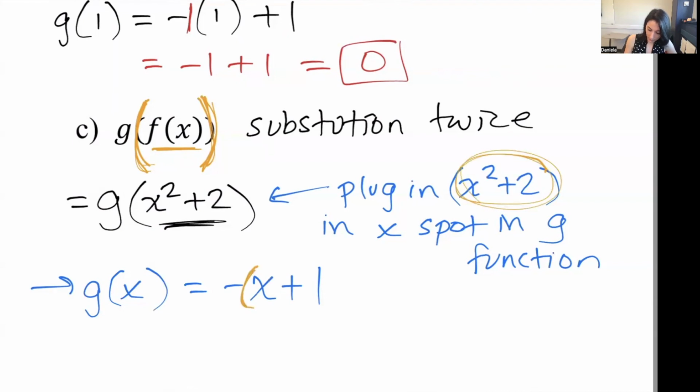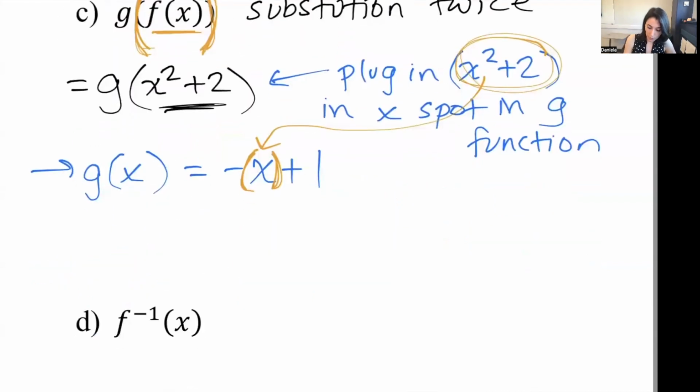And remember, as I said before, you're going to hug the parentheses around the x. So there should be a negative outside of the parentheses. So we put the x squared plus 2 in that spot, and then this plus 1 here, just bring that down.